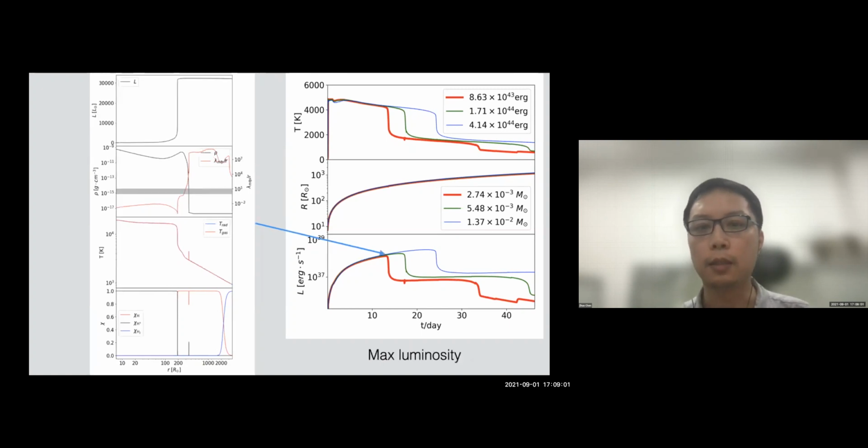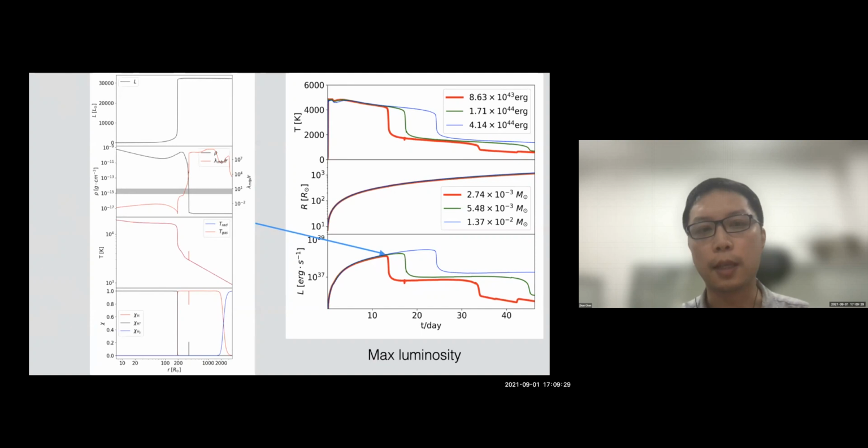The second phase is the peak of the luminosity. At this phase, the inside is still ionized, but the outside is molecular and atomic. The ejecta is very thick, and the mean free path over R changes from 1 to 10 inside this thick ejecta.